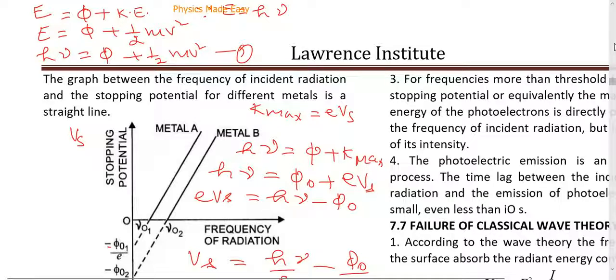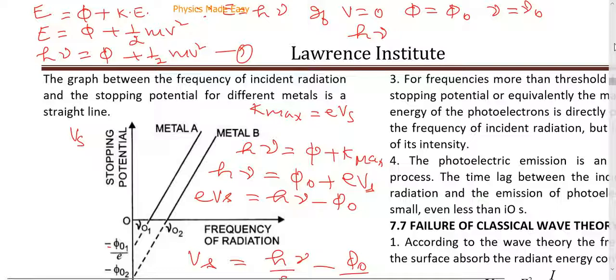Now if v is equal to 0, that is velocity is 0, we take phi as phi naught and nu as nu naught. I will use these values in equation number 1.